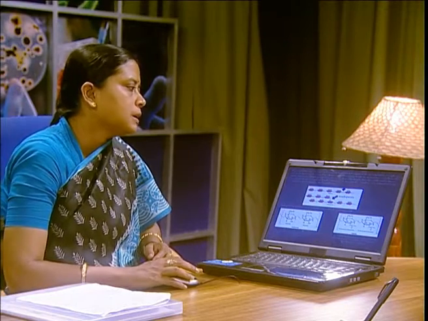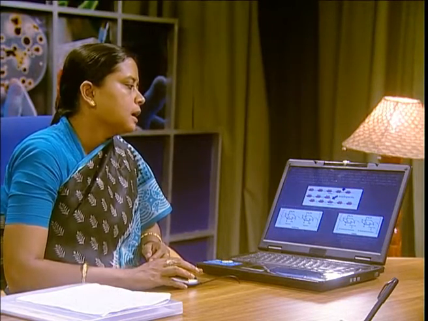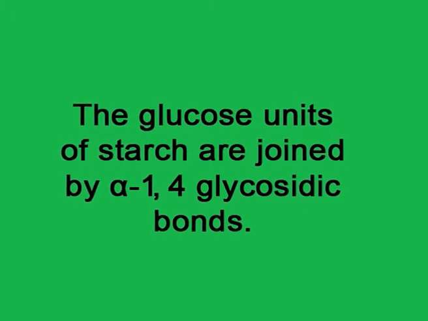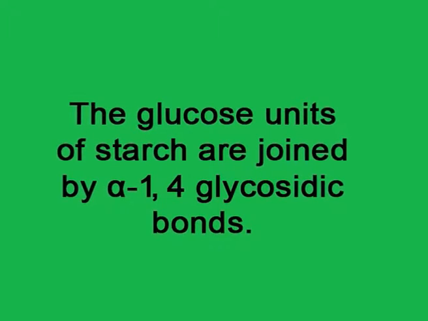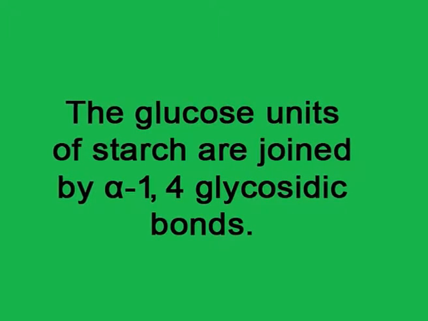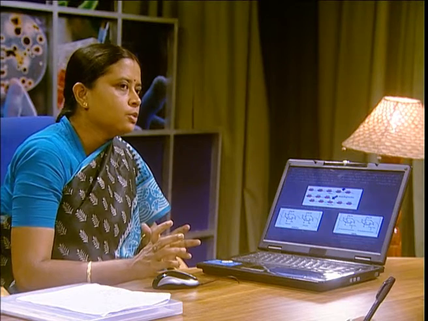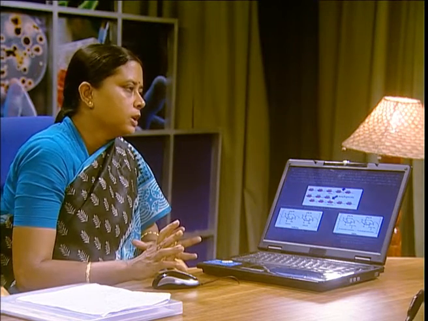So, how are starch and glycogen linked in a polysaccharide? Starch and glycogen more or less are the same, but there is a difference in the position of the glycosidic bonds. The glucose units of starch are joined by alpha 1,4 glycosidic bonds, and there are also branch points in the entire molecule.